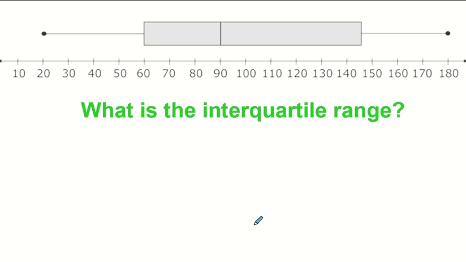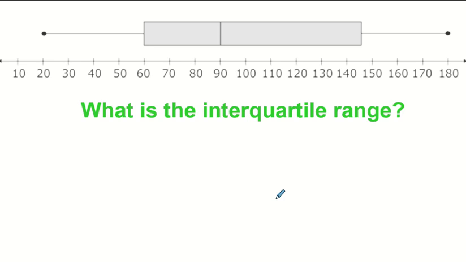Interquartile range, anybody remember what that means? All right, who can give me the answer for this one then? Ryder? Yes, but no. You gotta subtract them.